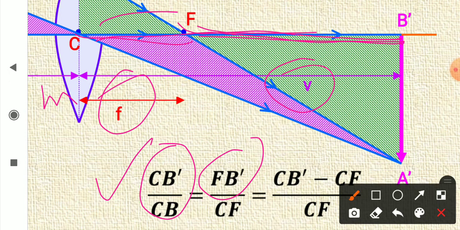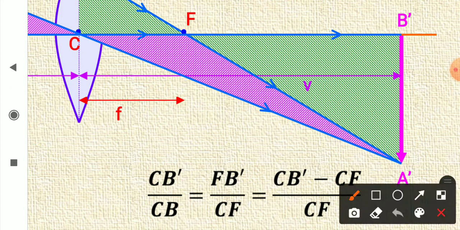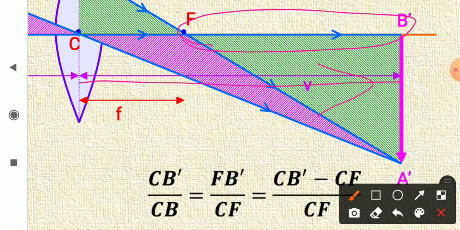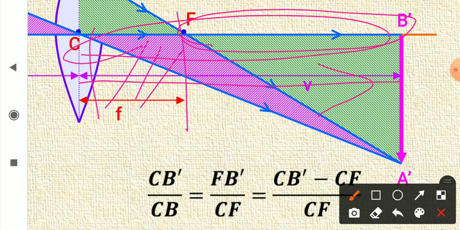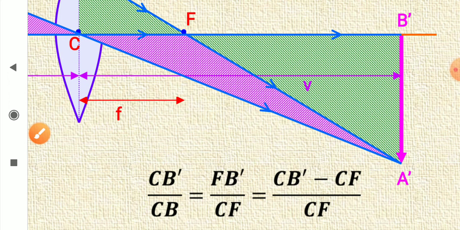This distance can be written as the whole distance minus this distance. So I can write it as CB' minus CF, upon CF.